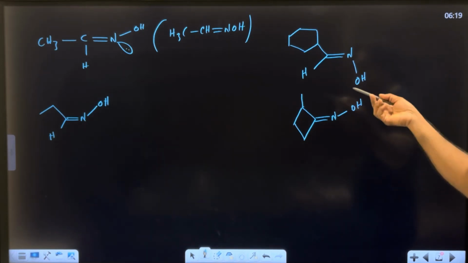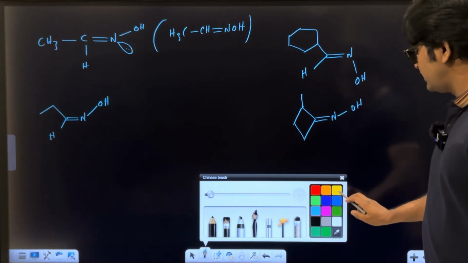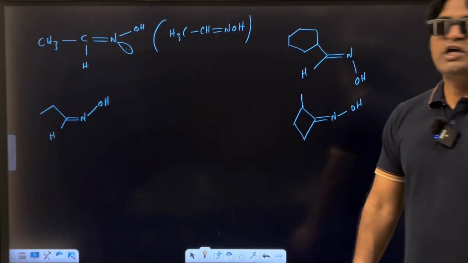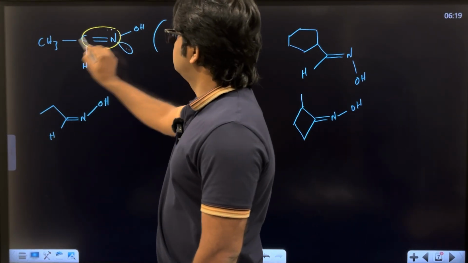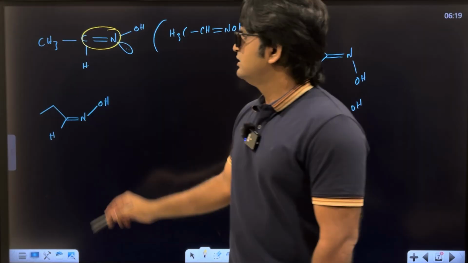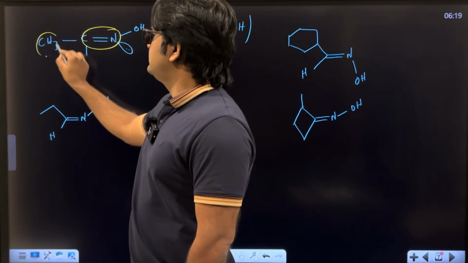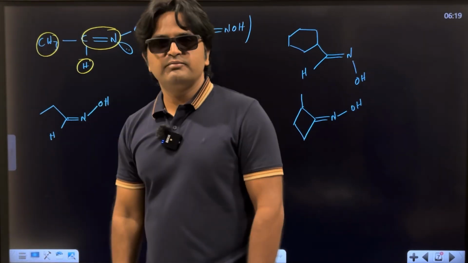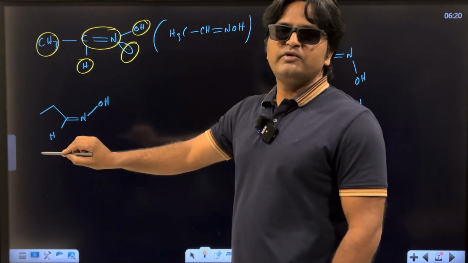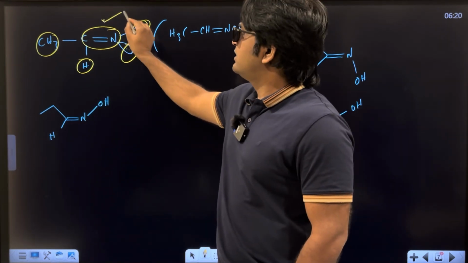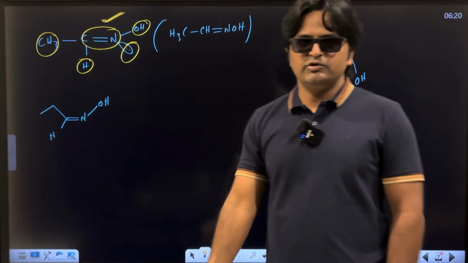Now these are the simple examples, right? Yes. Come to the first molecule. There is a restricted rotation of the C double bond N bond, and look at the substitution: methyl, hydrogen, same or different? They are different. OH and lone pair of electrons, same or different? Different. So this double bond can show geometrical isomerism.